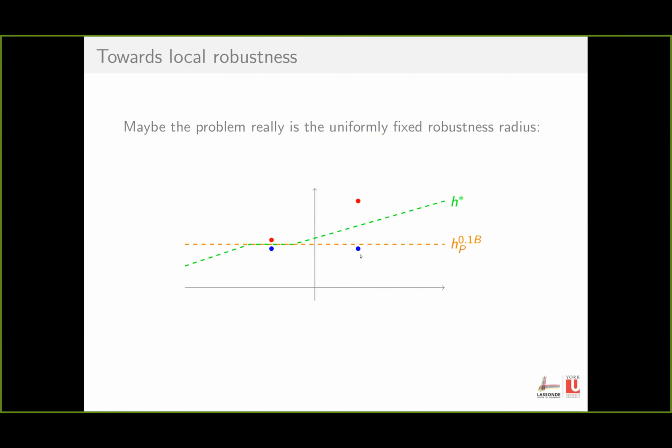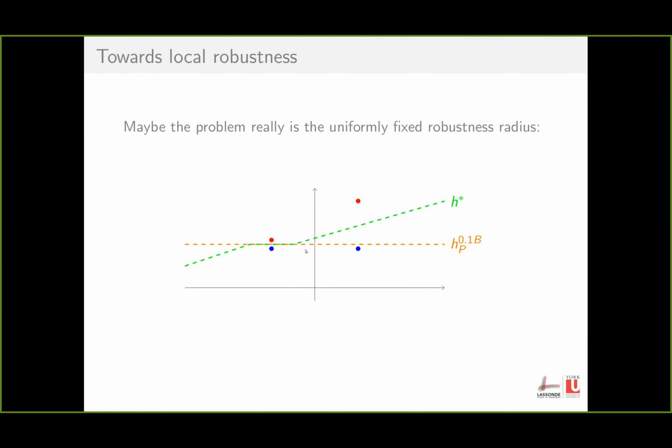Here we have large margin, here we have smaller margin. This orange line is a robust optimal, but intuitively we would prefer behavior like the green line.